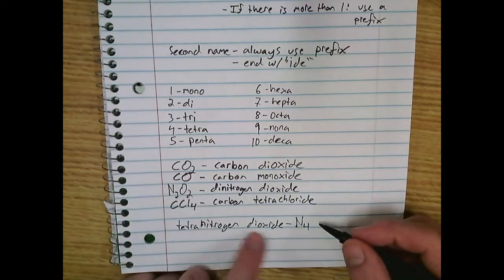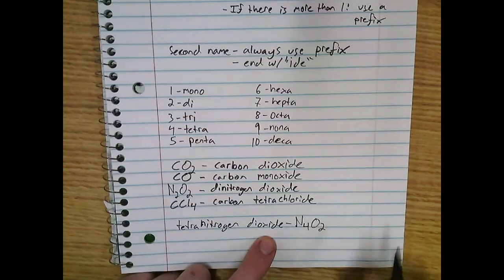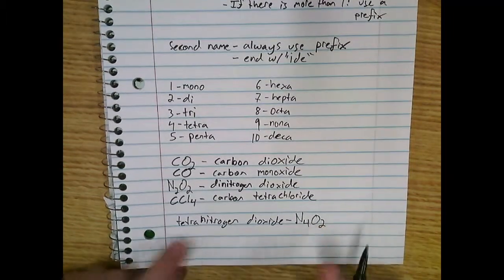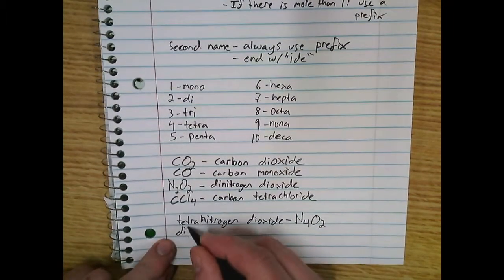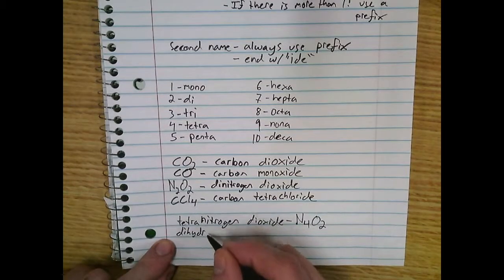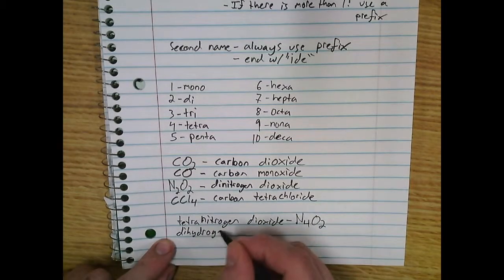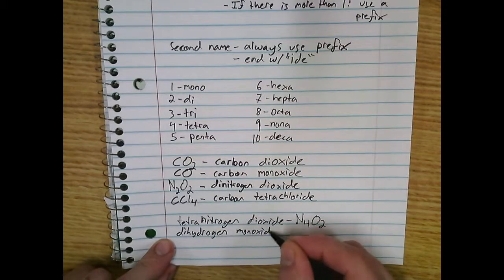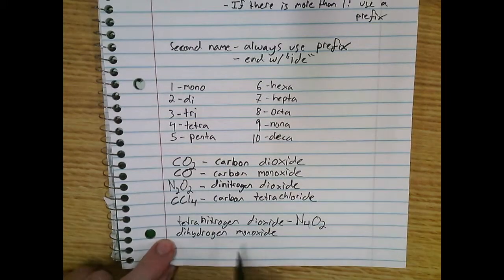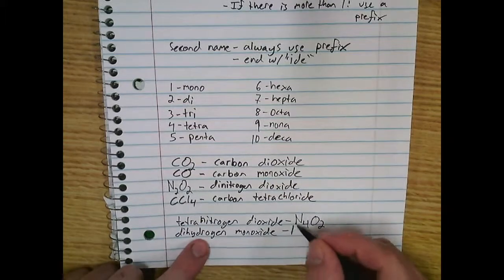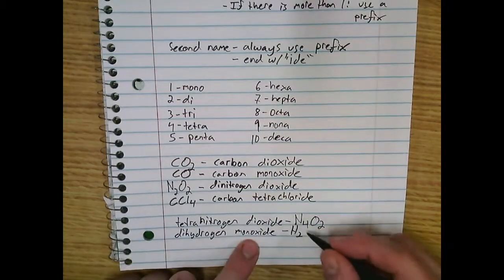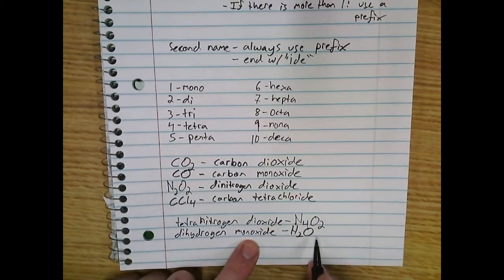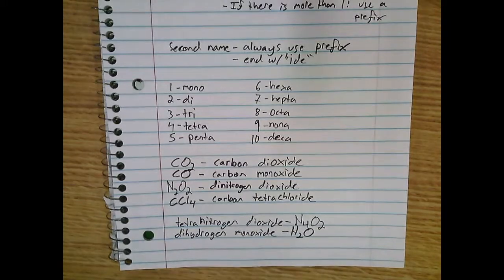Dioxide is 2 oxygens, O2. Alright, then we could do another one. This is a real scary one. This is in all of our water. Dihydrogen monoxide. Okay, so we write it out. Dihydrogen, that's 2 hydrogens. Monoxide, that's 1 oxygen. That's water, H2O. Sound good?